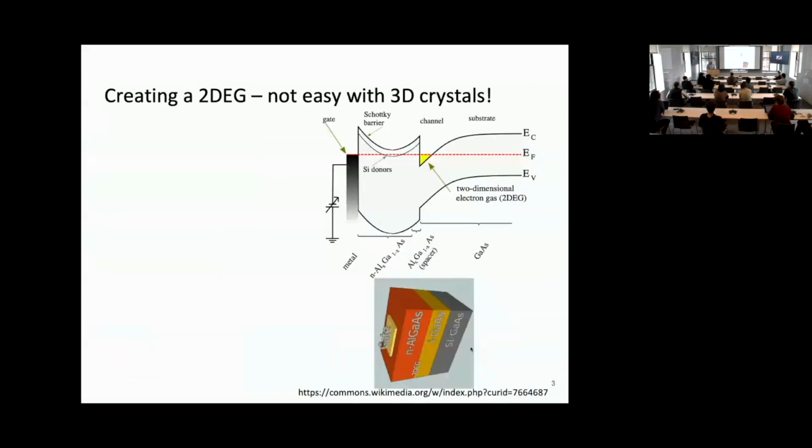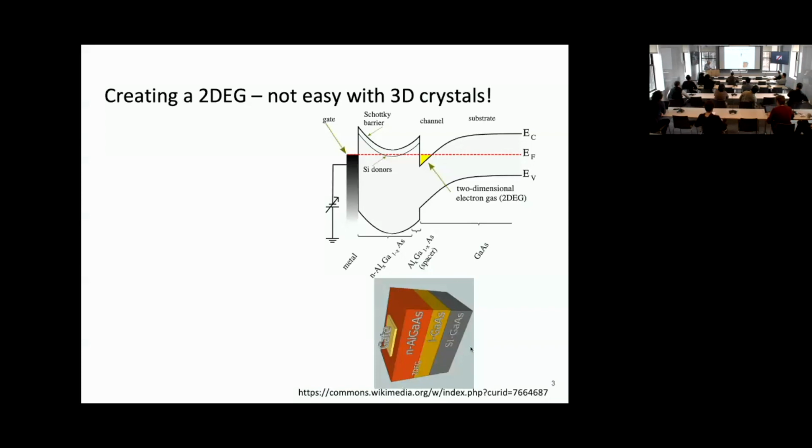However, in order to produce such a system, the 2-dimensional electron gas, this was a very difficult proposal. And it was realized after a lot of really hard work by experimentalists who perfected this kind of materials arrangement where you had different types of semiconductors, like aluminum gallium arsenide and gallium arsenide intrinsic.